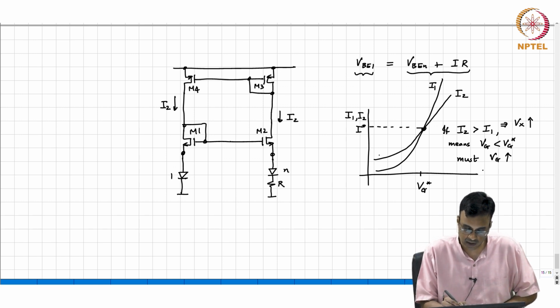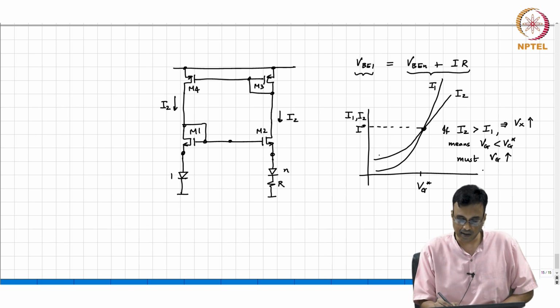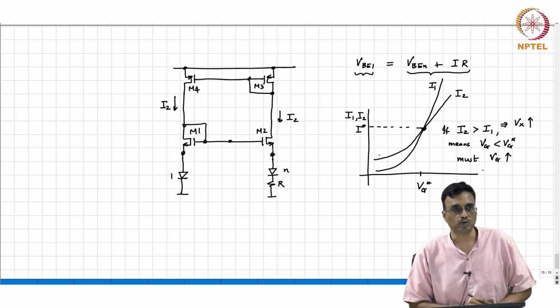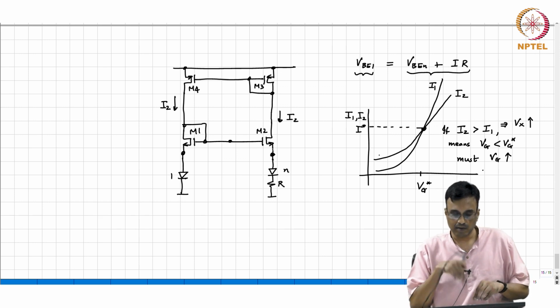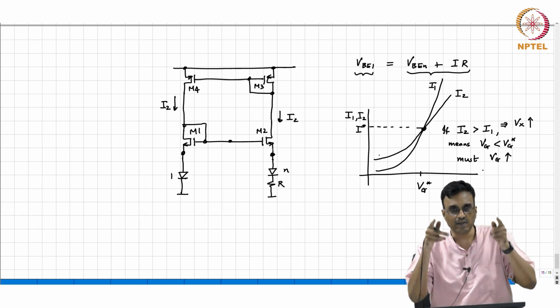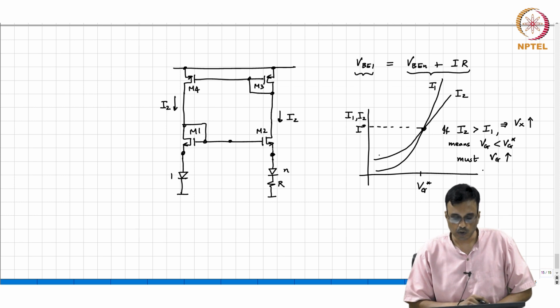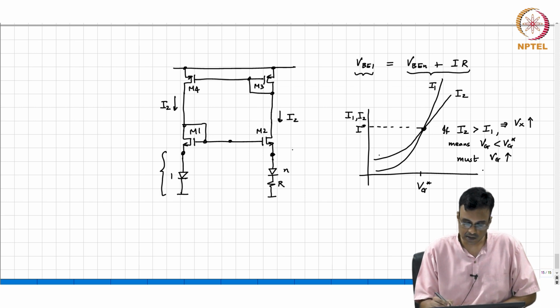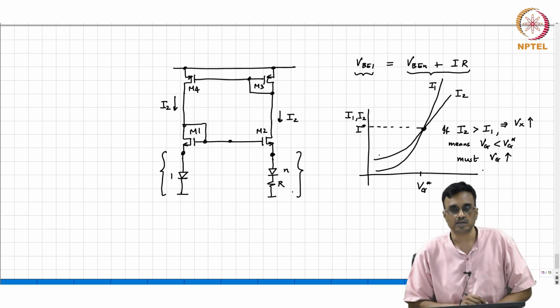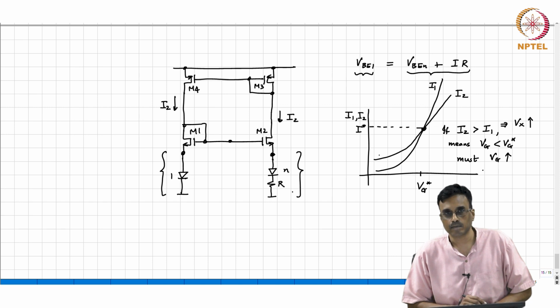If you apply a voltage at the gate, you must get the same voltage at both sources on both sides, and once the circuit is stabilized, that's what happens anyway. Both currents are the same, so the voltages across this branch and this branch are the same. Does it make sense? Okay.